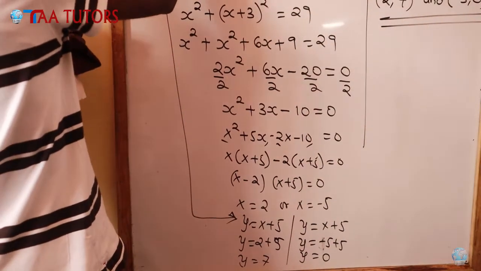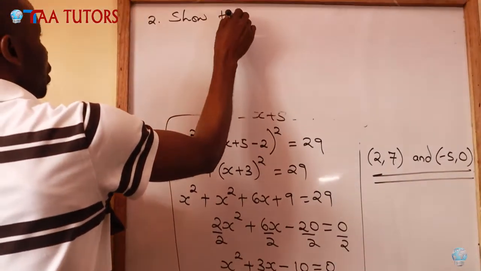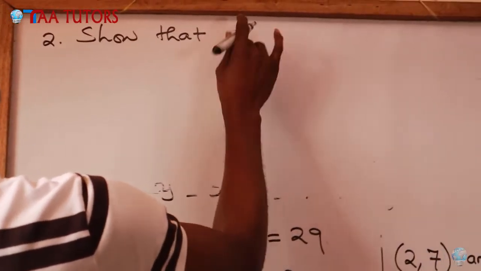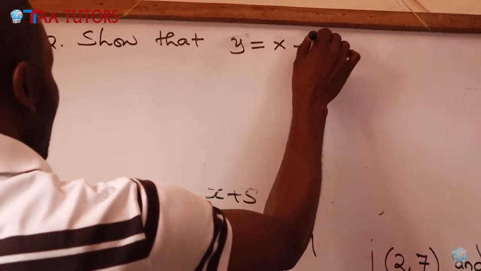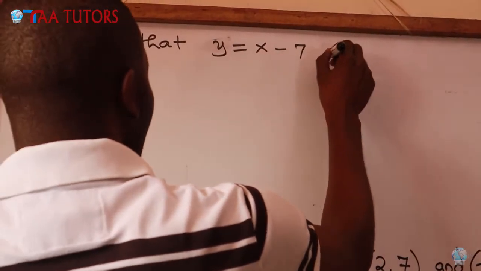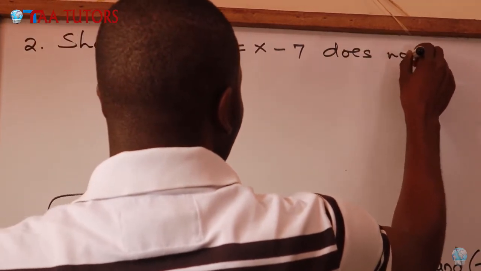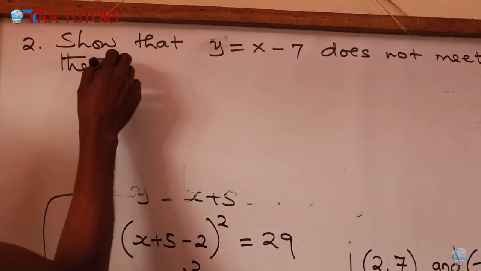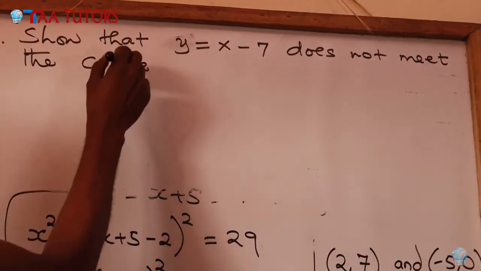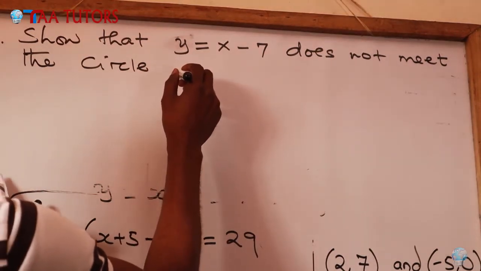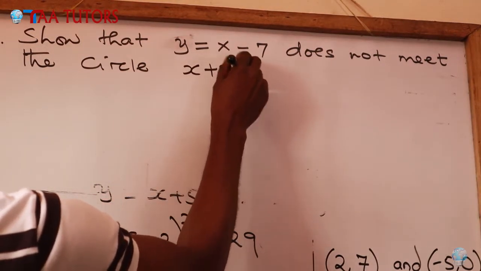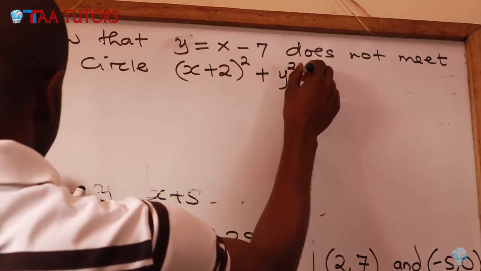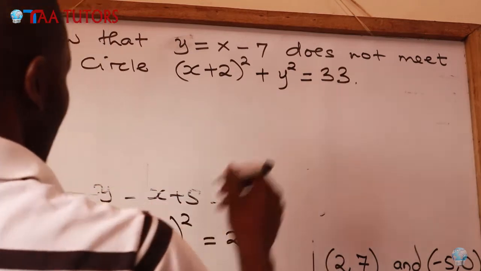Number 2, show that y equals x minus 7 does not meet the circle (x plus 2) squared plus y squared equals 33.